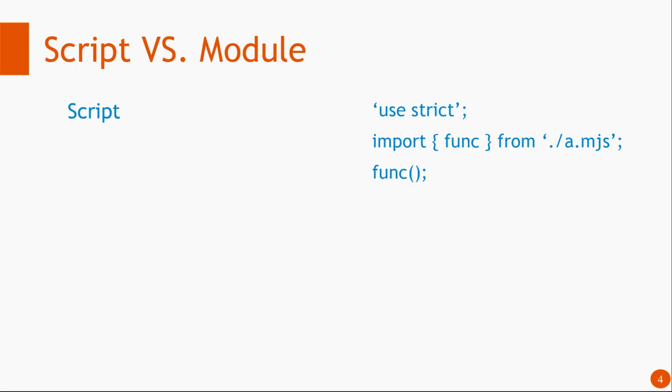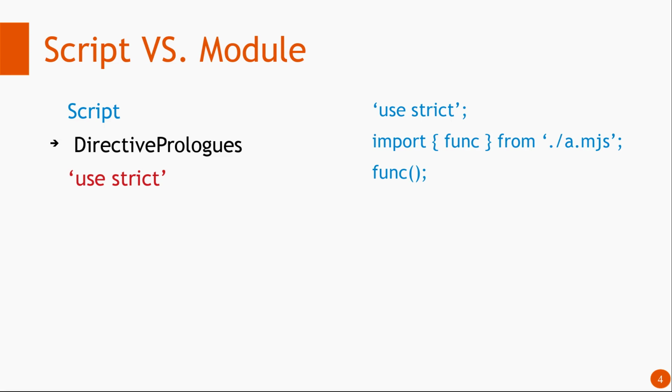As we mentioned in our last video, there are two kinds of ways to program with the JavaScript language: script and module. In script mode, the longest statement expression as the initial script body is called directive prologues. As we mentioned, the statement expression is an expression that ends with a semicolon.